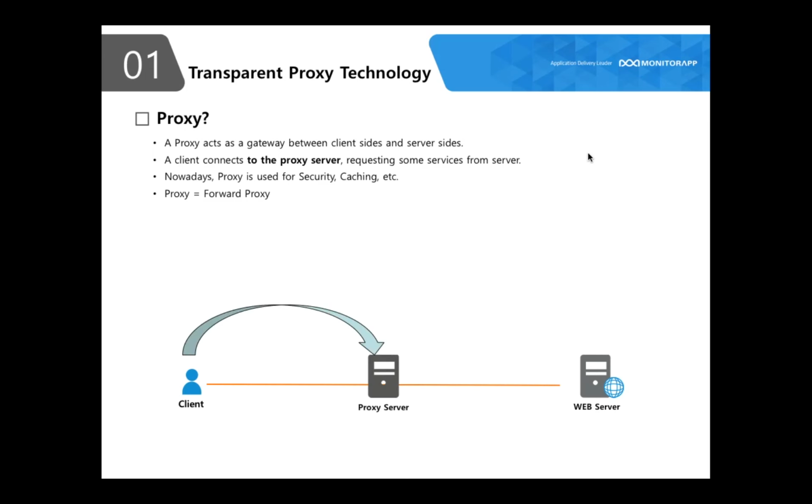The steps are: the client accesses the proxy server and the proxy server connects to the web server. This is the reason it is called a forward proxy, and the forward proxy is well known. So mostly the proxy is a forward proxy, as a simplified proxy.